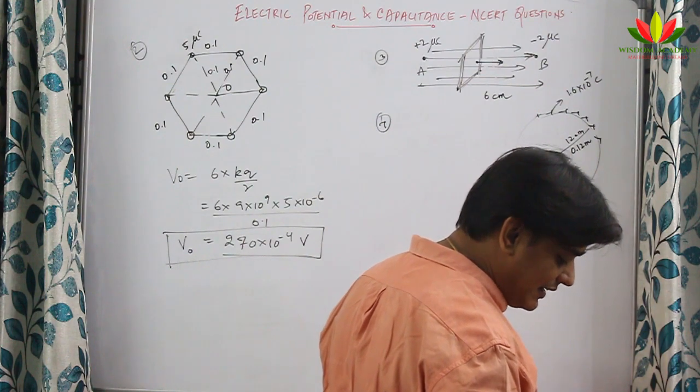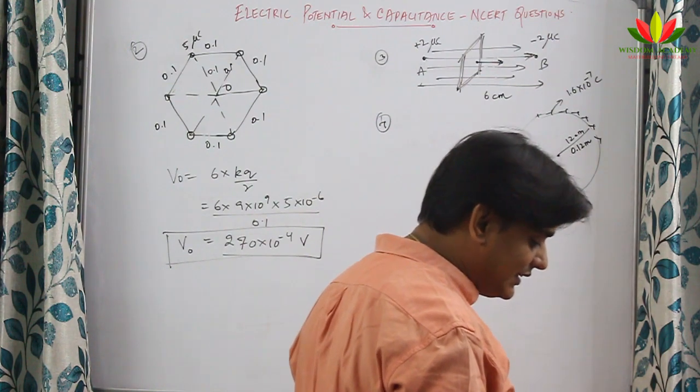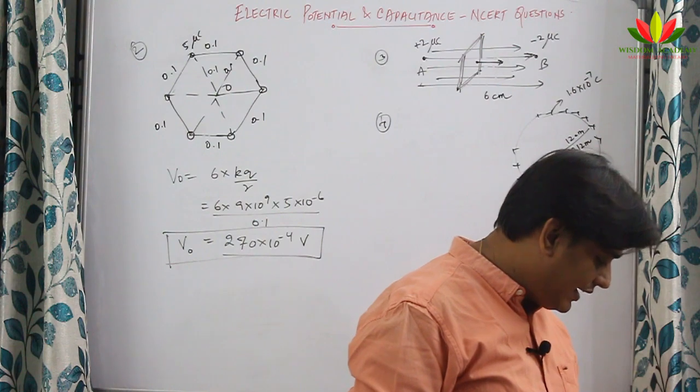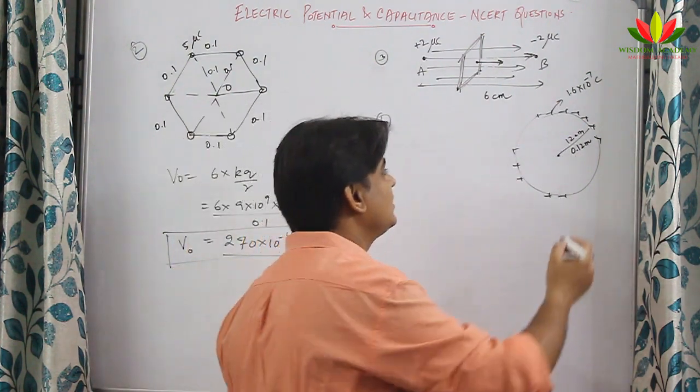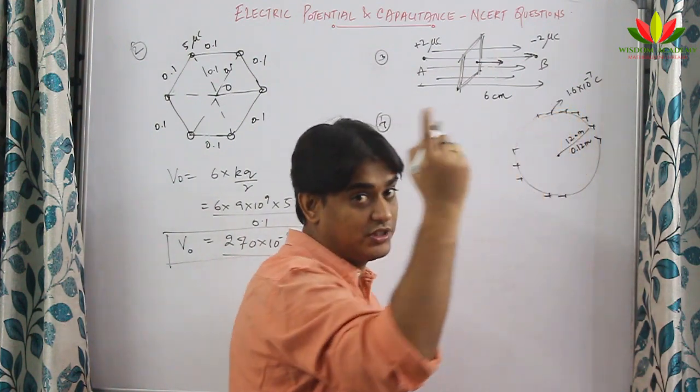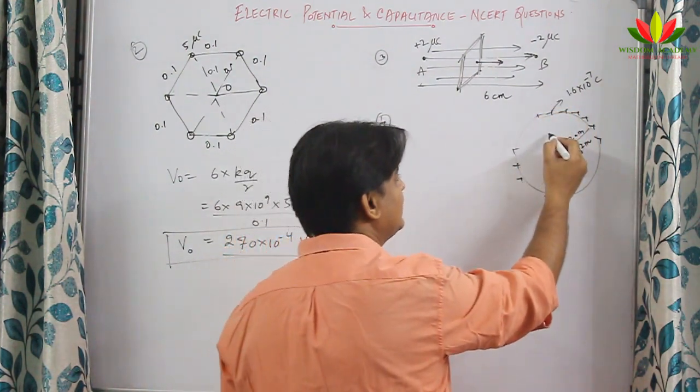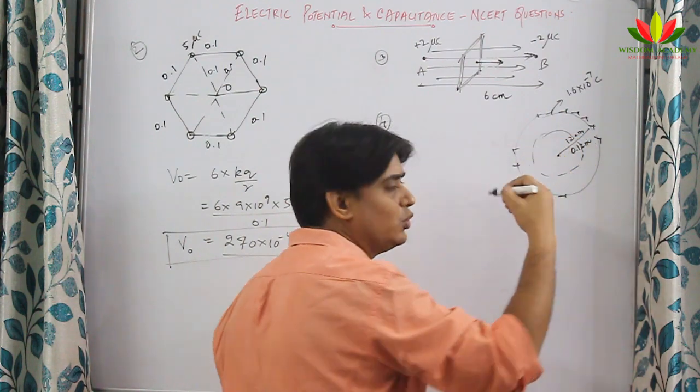What is the electric field inside this sphere, just outside this sphere, and at a point 18 centimeter away? Inside this sphere, you have to use Gauss law and a Gaussian surface. If you make a Gaussian surface here, there is no charge enclosed.